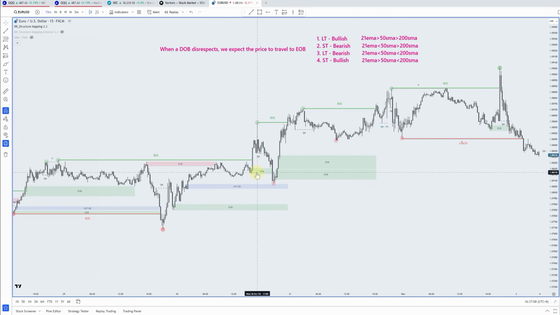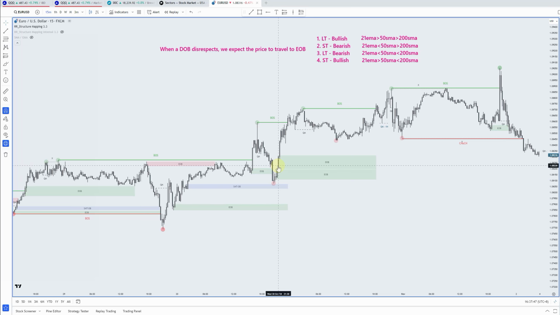We are here, we have the range from here to here, and the price is at the DOB. If you are thinking that this is the disrespect of DOB, like I explained in our previous lectures, you need to go one time frame higher to see if it is disrespected or not, maybe 15 minutes versus 1 hour. If you go one time frame higher, this is maybe just the wick only, or maybe one close lower and then the next close higher. So it's not a disrespect.